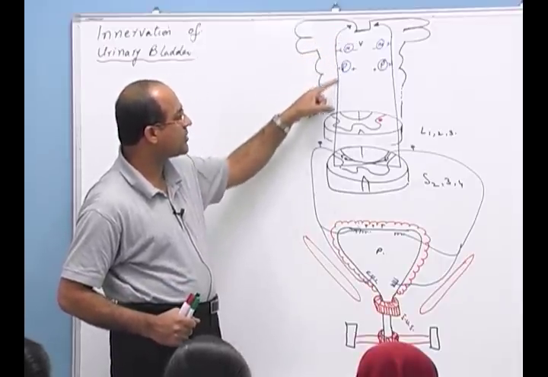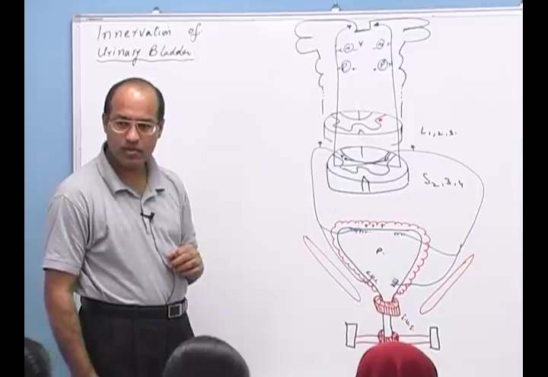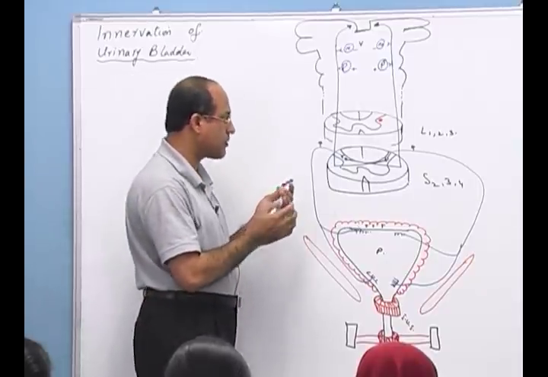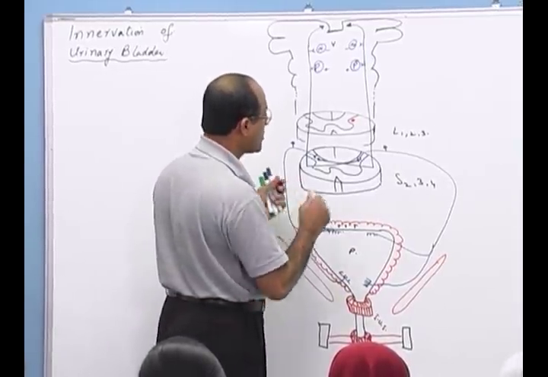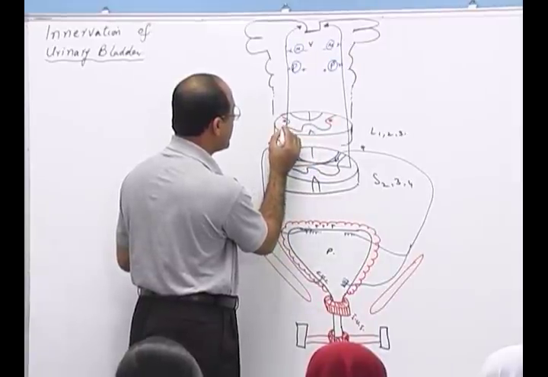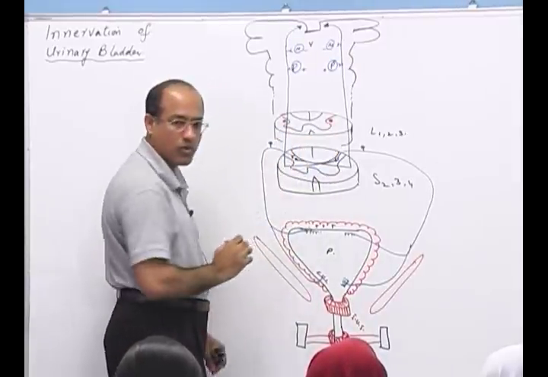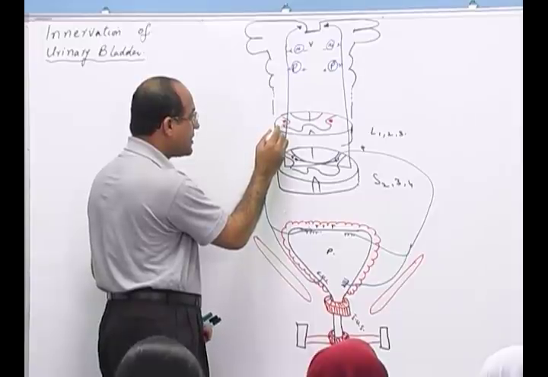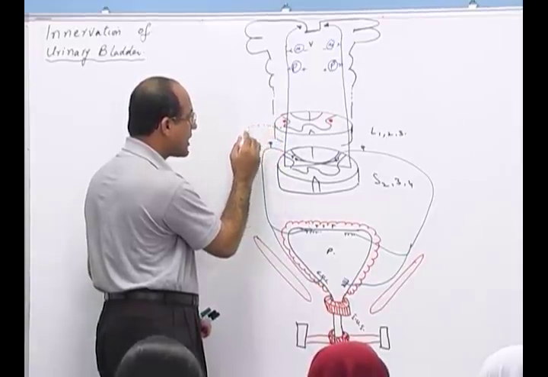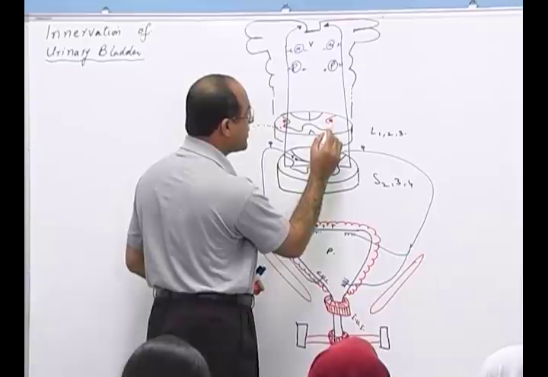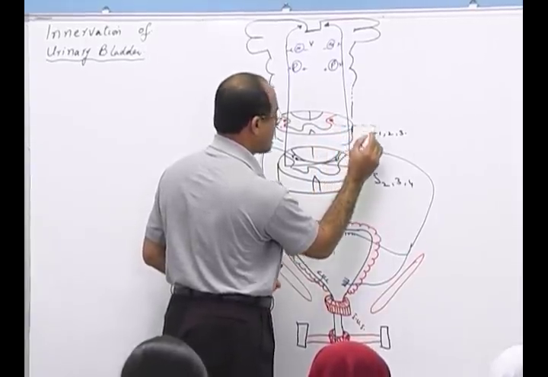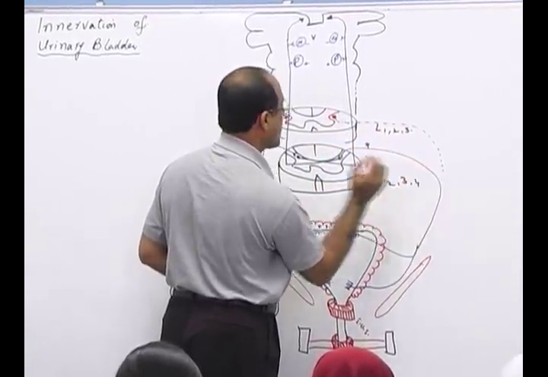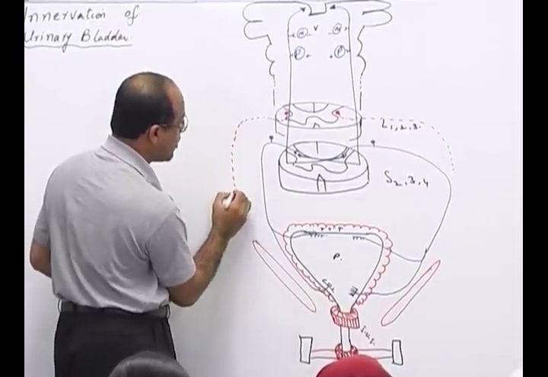Actually from here descending pathways come. And descending pathways from the higher center stimulate, what was this? Sympathetic outflow. So they will stimulate, yes please, the dotted line is sympathetic outflow, right?